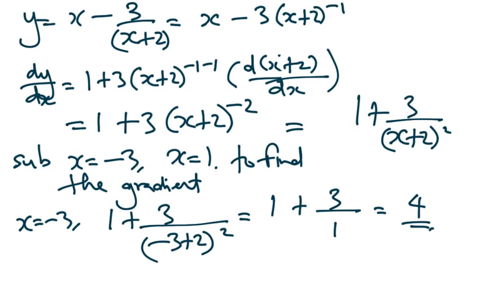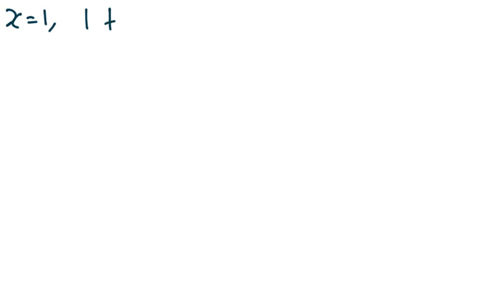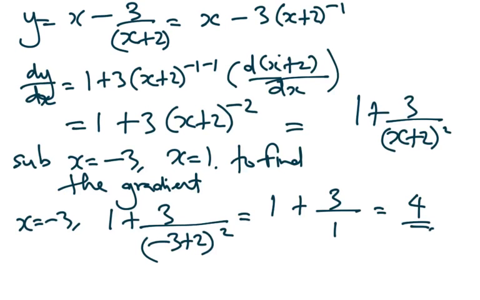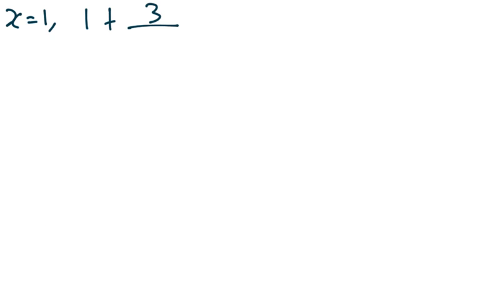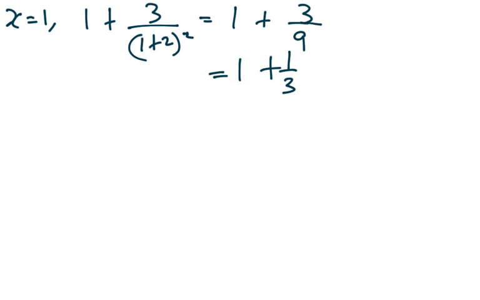Where x equals positive 1, your gradient is 1 plus 3 over x plus 2 squared, and 1 plus 2 is 3, 3 squared is 9, so your answer is 1 plus 1 over 3, which is 4 over 3.